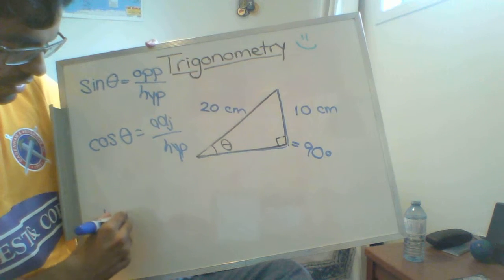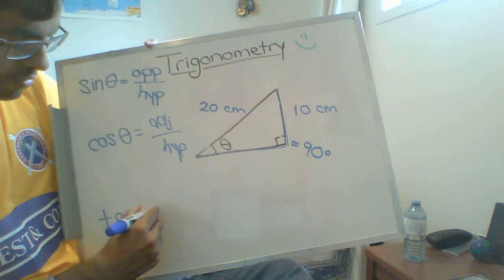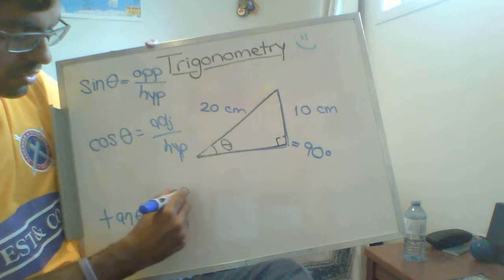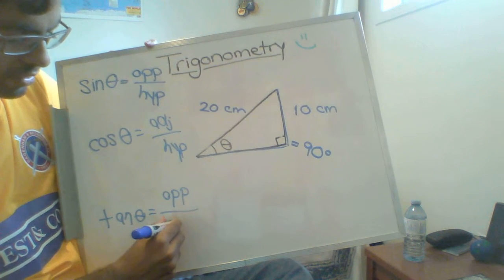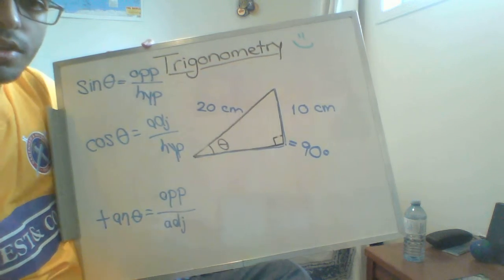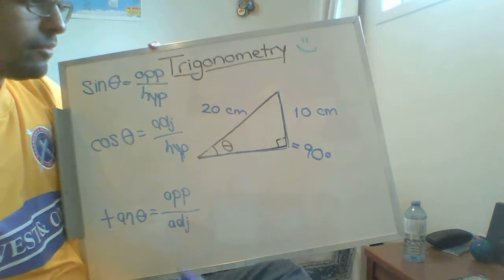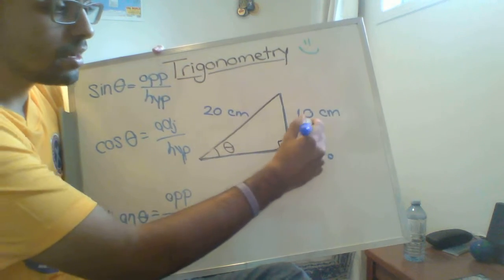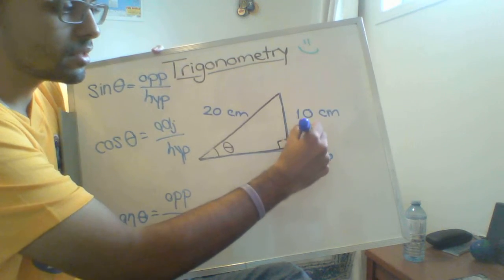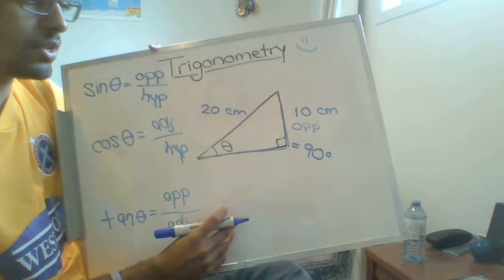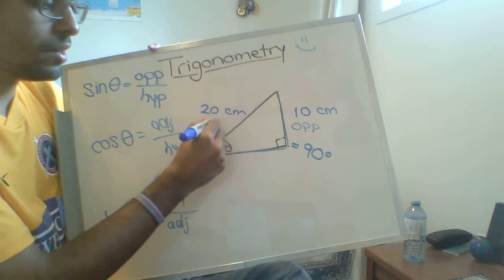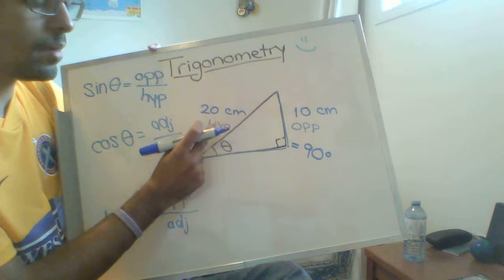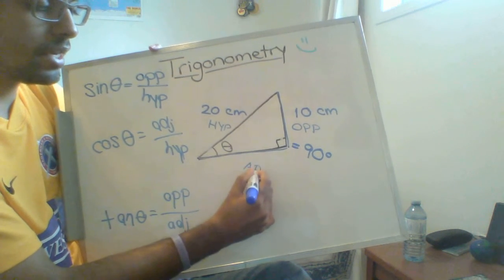And we've got tan theta, which is equal to opposite over adjacent. Okay, now if you notice, I've measured the length of this side. If my angle is over here, this side is my opposite side. This side over here, because it's far away from the right angle, is my hypotenuse, and this side down here is my adjacent side.